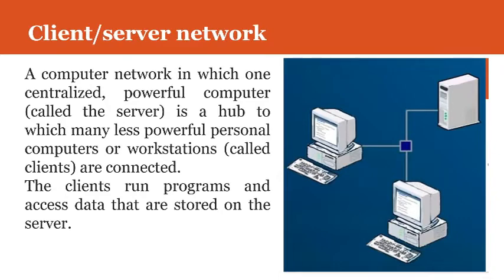So servers are generally a high-performance system optimized to provide network services to other PCs. So some common server types include the file servers, the mail servers, the print servers. We have also the fax servers and the application servers.